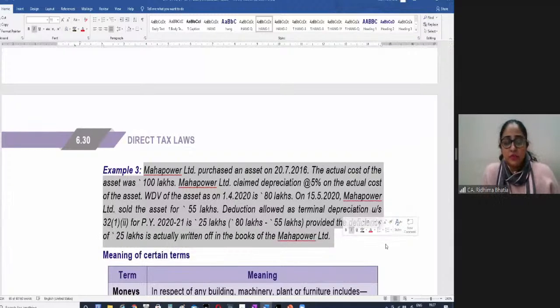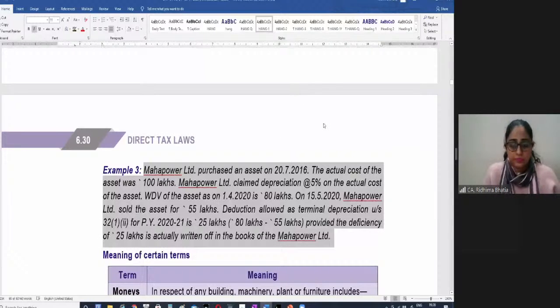WDV of the asset as on 1st April 2020 is 80 lakhs. On 15th May 2020, Mahapower sold the asset for 55 lakhs. Deduction allowed as terminal depreciation would be WDV 80 minus sale price 55, which would be 25 lakh, provided the same is written off in the books. Clear? Yes or no?